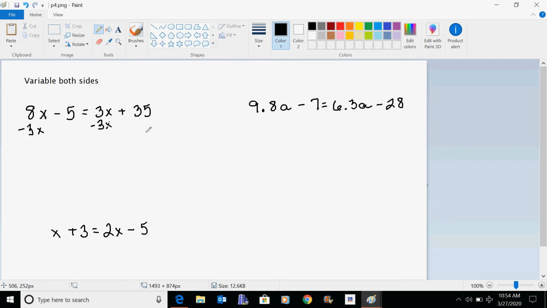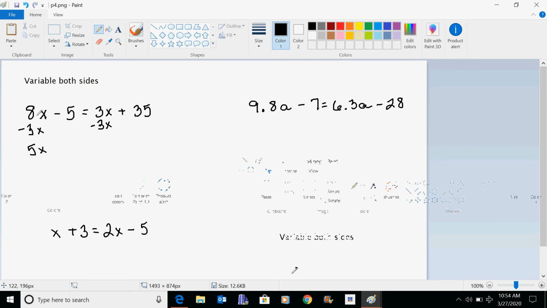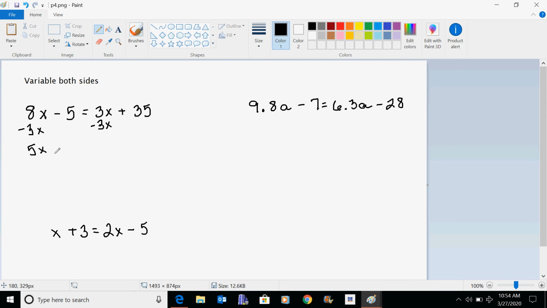You gave a lot of good answers that weren't what I expected, but it did show that you understood the process. So on both sides, I take away 3x, or I subtract 3x, and I get 5. And then on both sides, I add 5.